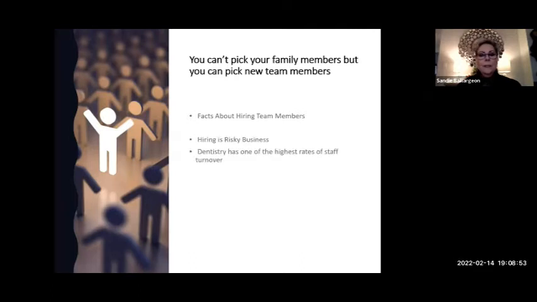Some facts about hiring team members: dentistry has one of the highest rates of staff turnover in many industries, and that's absolutely true, and even more so now. What I'm finding now is that interviewing potential team members to join a particular practice takes a very long time, and sometimes we'll go through the whole hiring process, hire them, and then they disappear.